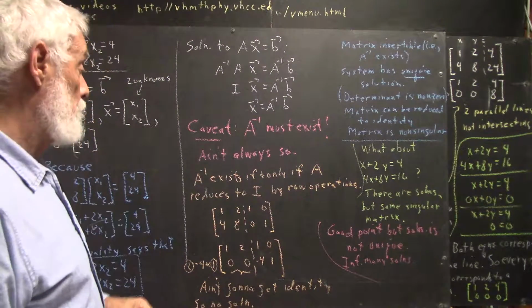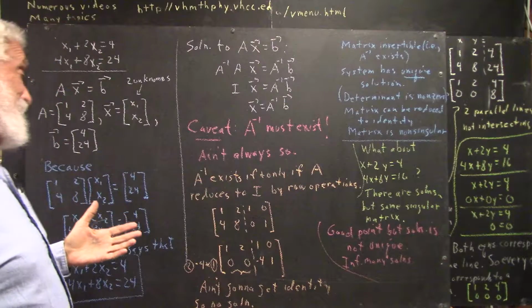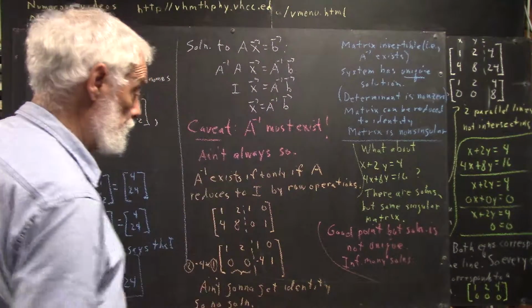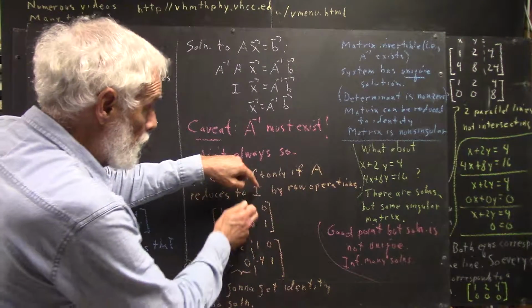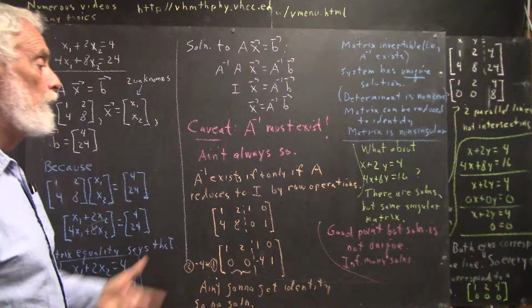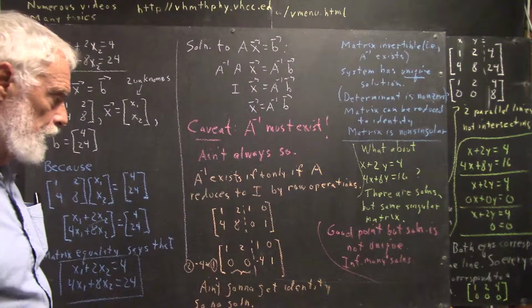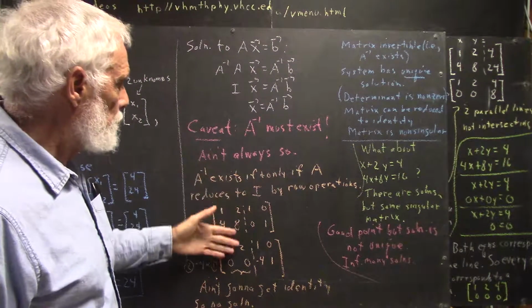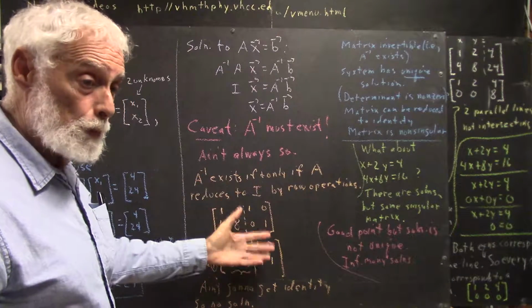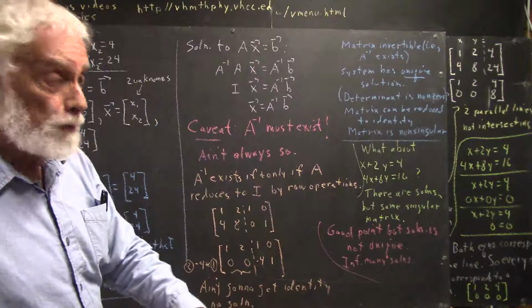Because you can augment the A matrix with the identity matrix, reduce the A matrix, doing the same row operations for the entire row, including the row of what starts out as the identity matrix. And by the time this matrix reduces down to the identity on this side, this matrix will have been built up to the inverse.